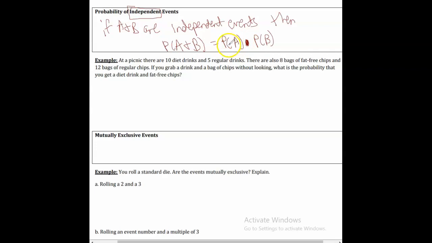So for example, we're at a picnic and we have diet drinks and regular drinks, and we have fat-free chips and regular chips. It wants to know if you grab a drink and chips without looking, what's the probability that it's a diet drink and fat-free chips. So I'm going to do the probability of diet drink times probability of fat-free chips.